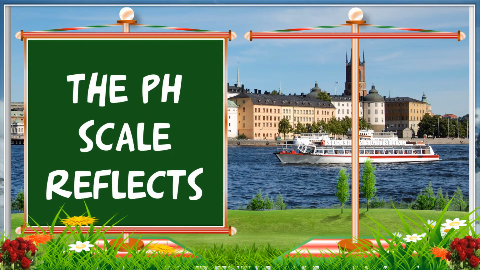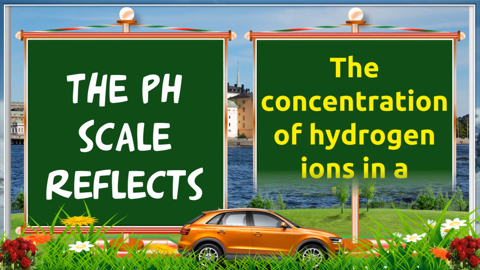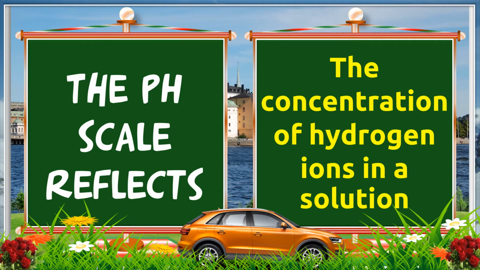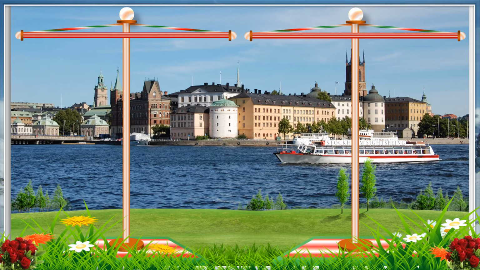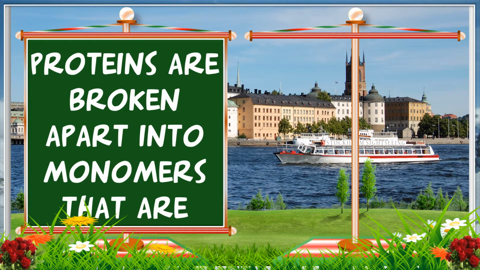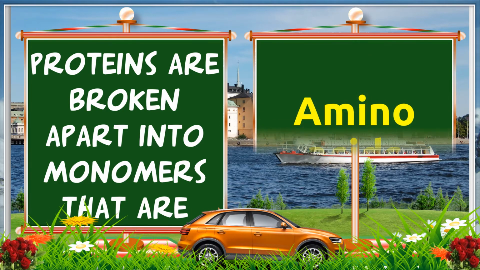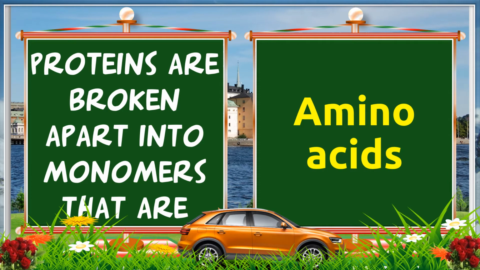The pH scale reflects the concentration of hydrogen ions in a solution. Proteins are broken apart into monomers that are amino acids.